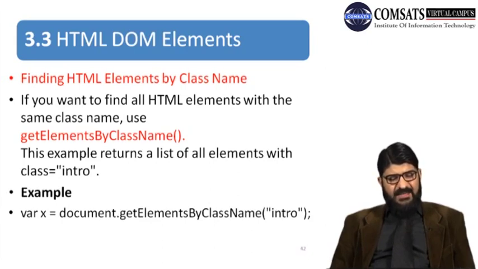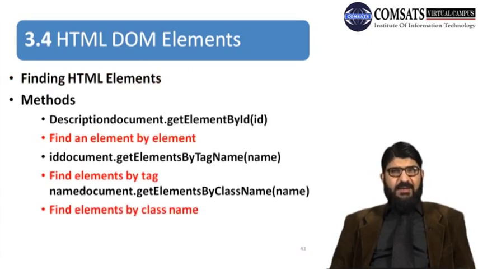In the example, there is a class, and the name of the class is intro. So the code for writing is variable x, assigned with document.getElementsByClassName, and it takes the parameter intro, which is basically the name of a class.